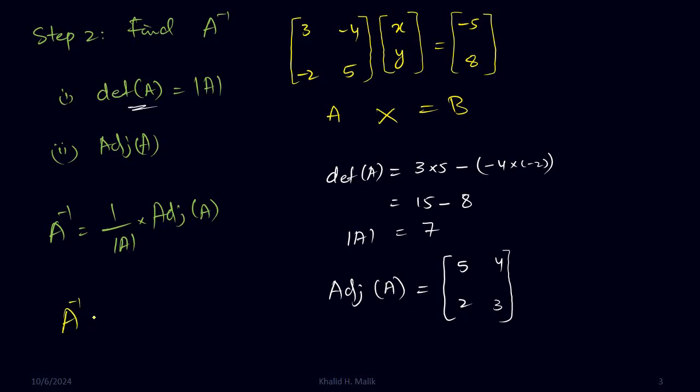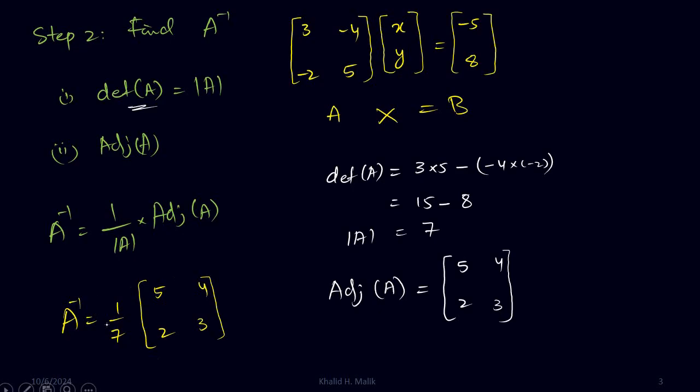Finally here A inverse will become, we have determinant 7, so 1 over 7, and the adjoint matrix is 5, 4, 2 and 3.